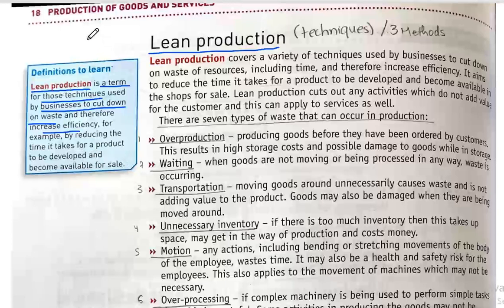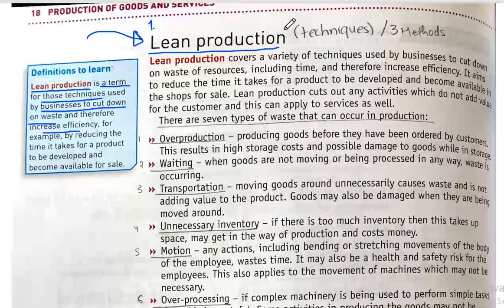As a factory, I must use lean production because its number one goal is to reduce waste, to make sure that I'm working effectively and efficiently, and not wasting time, energy, money, or raw material inputs in my production process.